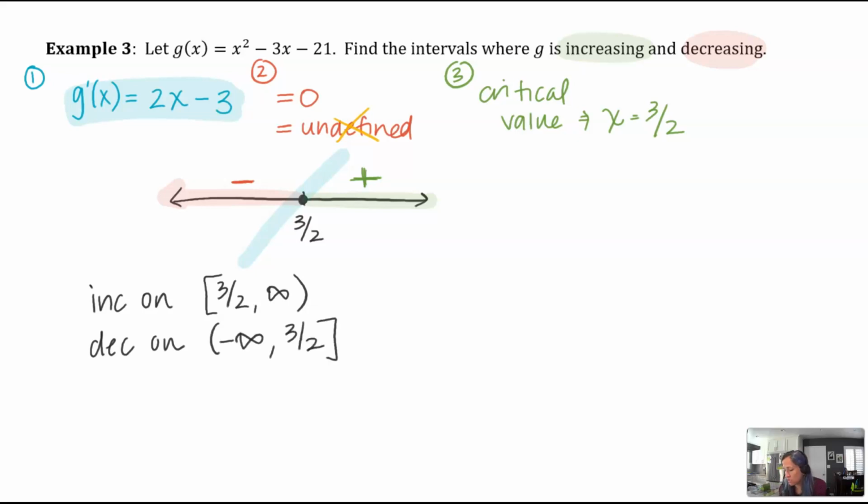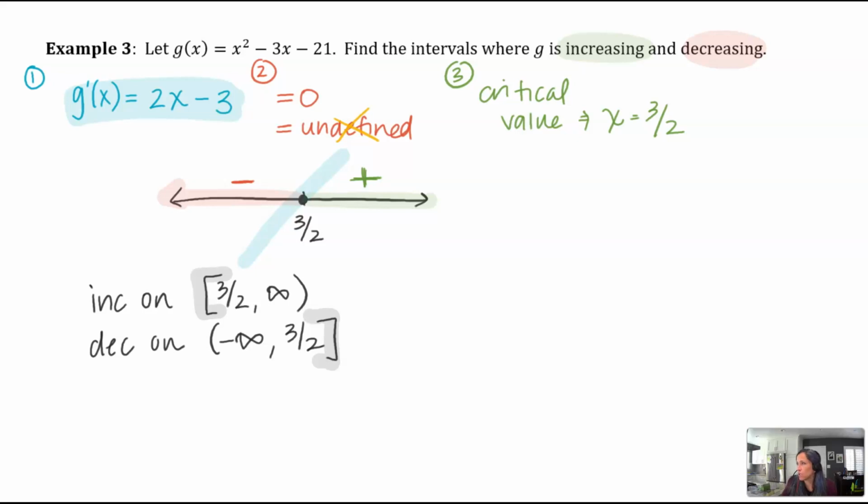I know it will never cease to be bananas to me that I'm using a hard bracket, that I'm including 3/2 in both the intervals of increasing and decreasing. But I'm going to go with the arguments that I've read that say we should include this. But again, if you are really opposed to it, that's fine. I know many smart people who also believe that it should be an open interval. So your choice on that. So there you go. That's our intervals of increasing, decreasing.